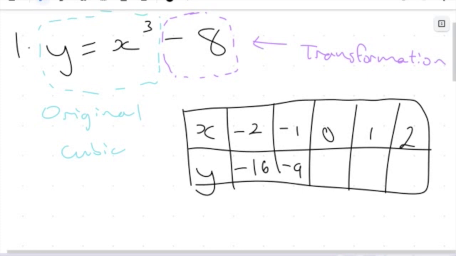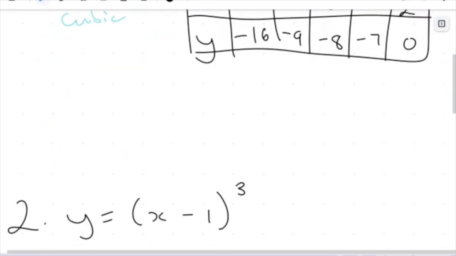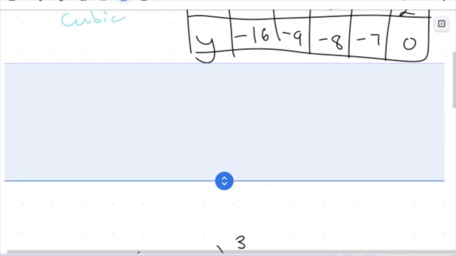And substituting in 0 gives us 0 cubed, that's 0, and then minusing 8 from 0 gives me -8. And just filling in the rest of these a little bit quicker, I get these values here. Now you can pause the video and check these for yourselves, substituting these in, but we're going to look at what something like this is going to roughly look like.